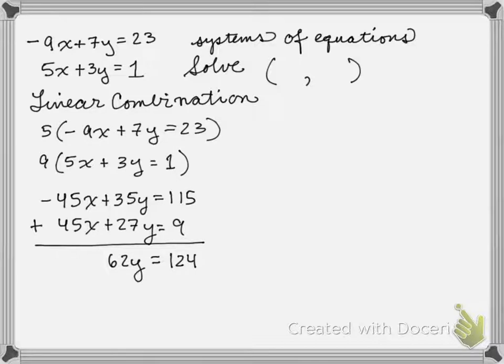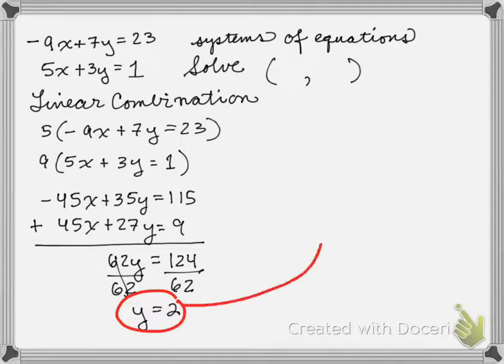And then solving for y, I can divide both sides by the 62. And of course, 124 divided by 62 is equal to 2. And I have found that y is equal to 2. That is the y coordinate of my solution.